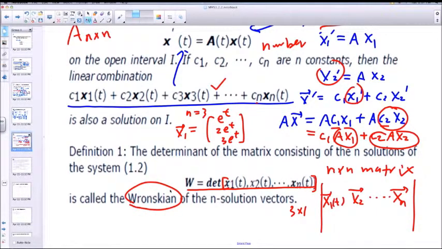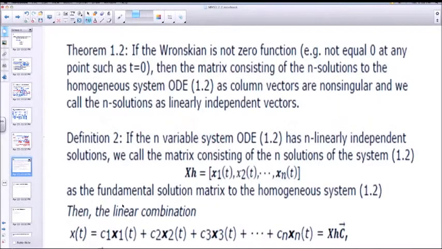It's a significant concept you're going to see in the next theorem. The next theorem says, if the Wronskian is not a zero function, not a zero function meaning at least one point is not zero. You can just check at the initial point, t equals 0.